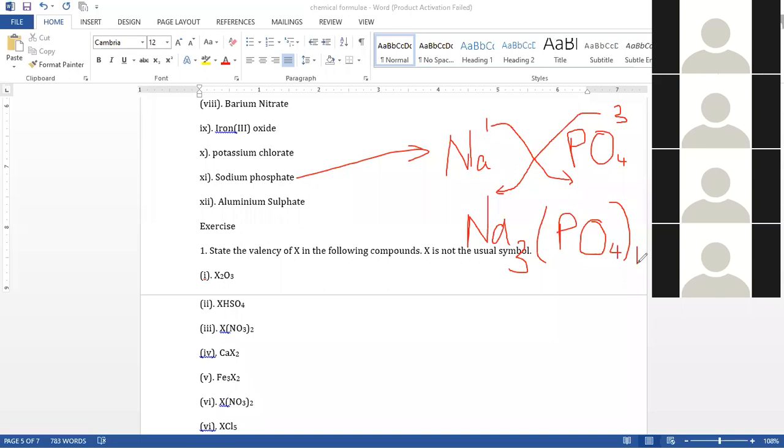So since we don't write ones, we don't have to write this step with 1. I can write another one to show you the final equation, but you may not need to write that step that shows O and 4. That is what we call sodium phosphate. Good.